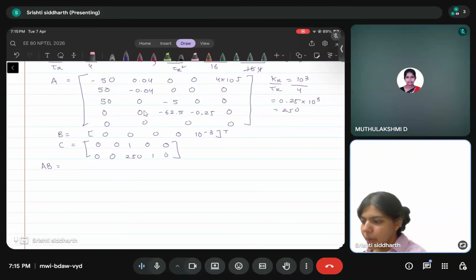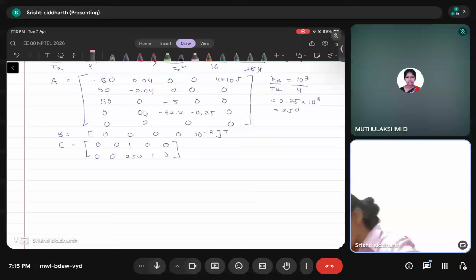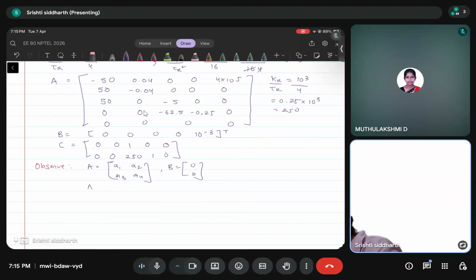So if you multiply by A, this means that we are extracting the last column of it. Or you can just observe, let's say A is a 2 by 2 matrix. This is A1, A2, A3, A4. And B is simply 0, B. So what's AB?